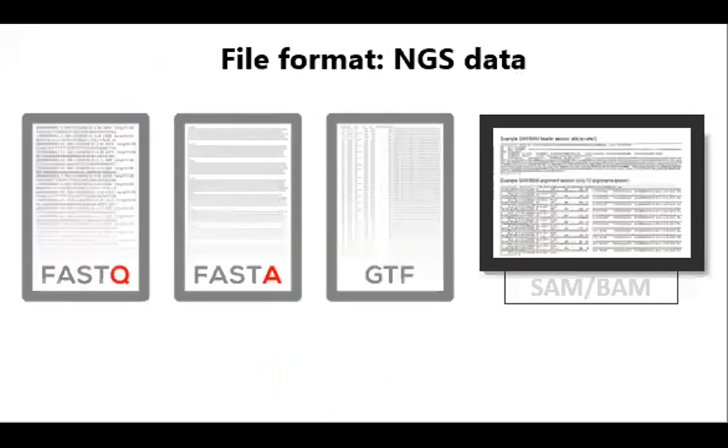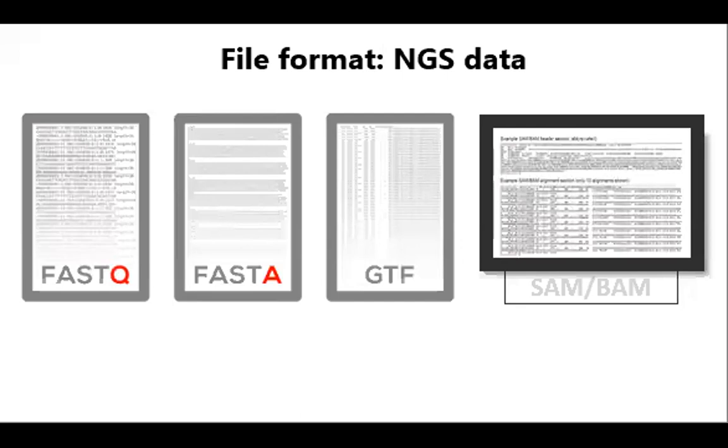Sequence data is stored in several different file formats. We have the FASTQ, FASTA, GTF, the SAM, and the BAM. Now, the FASTQ file provides us with reads from the sequencer.